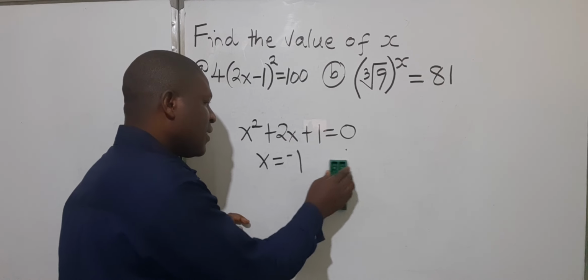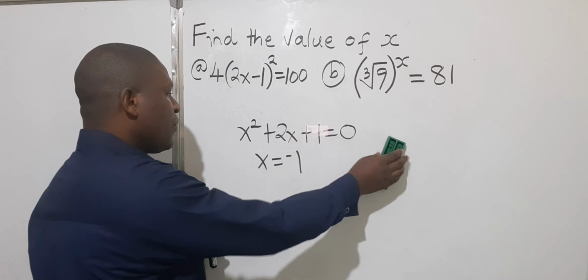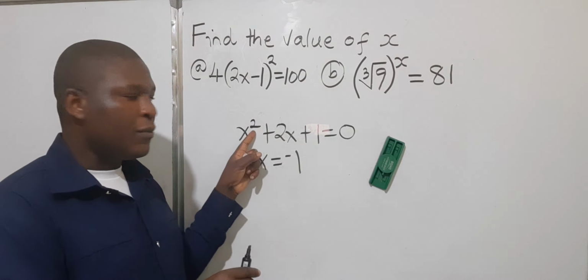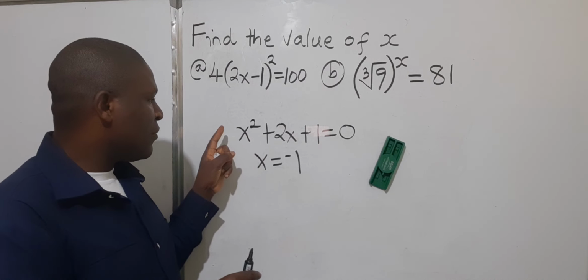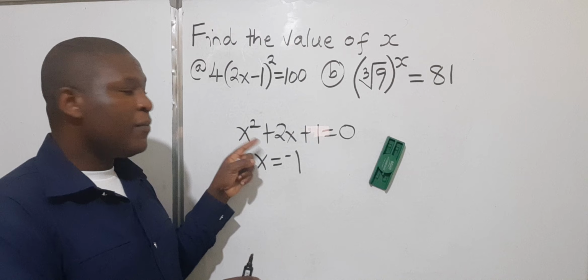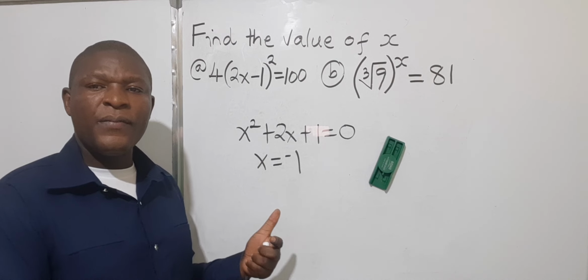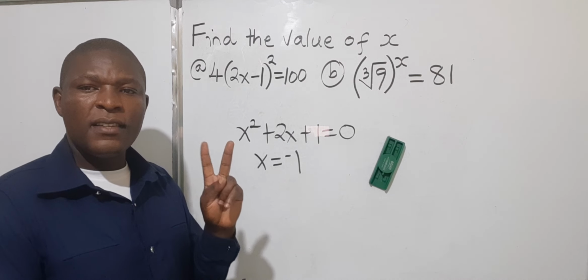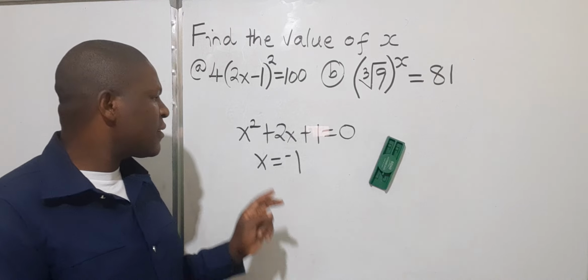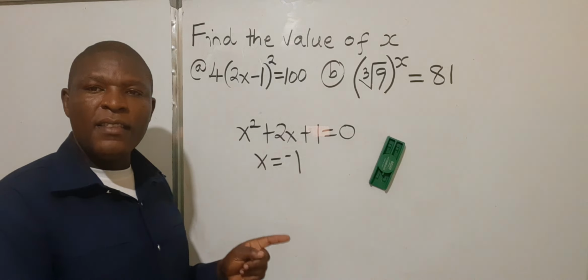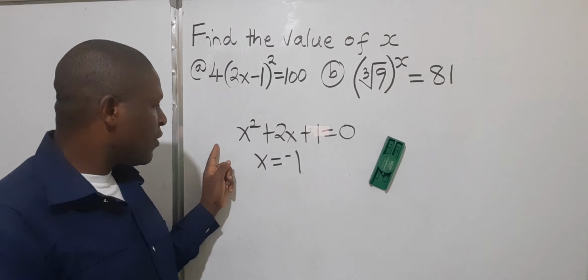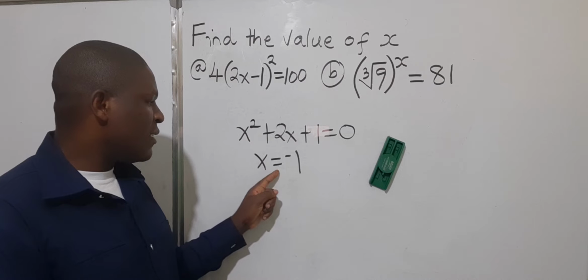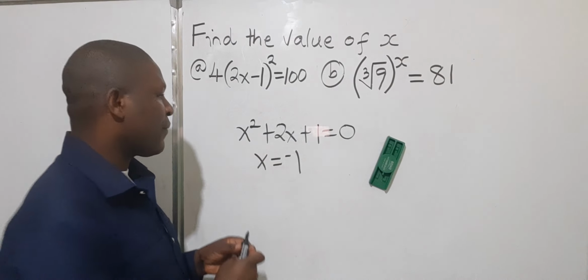So in this case, you only have one value of x, though it is raised to power 2. I'm trying to explain my previous statement where I said if it is raised to power 2, the answers are going to be 2 answers. There are rare cases where it is raised to power 2, but then there's only one answer. And I've just given you an equation like this one, raised to power 2, but then the answer is only 1.